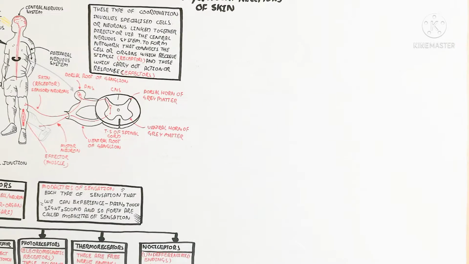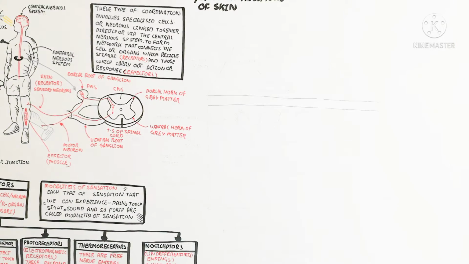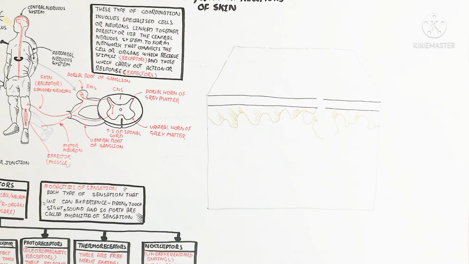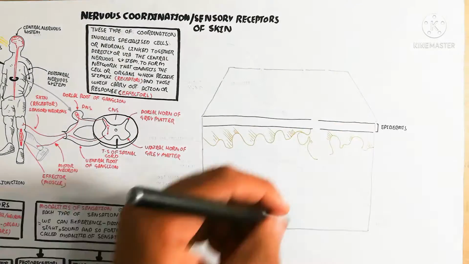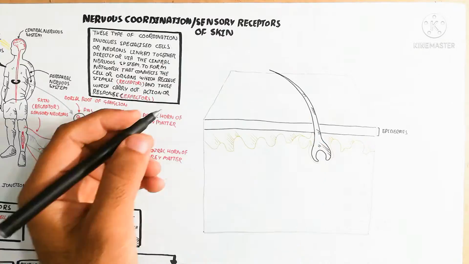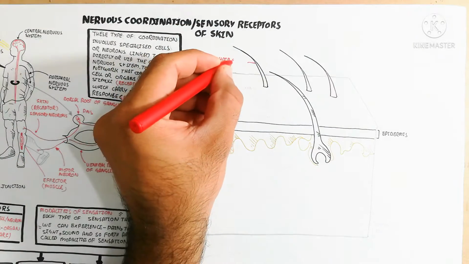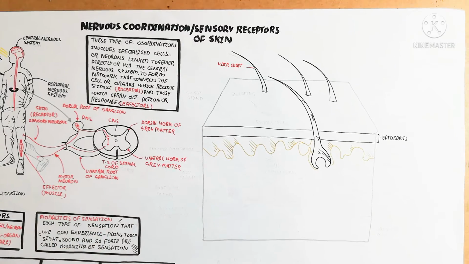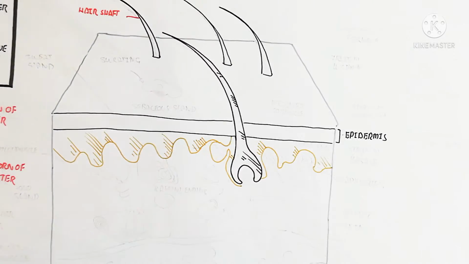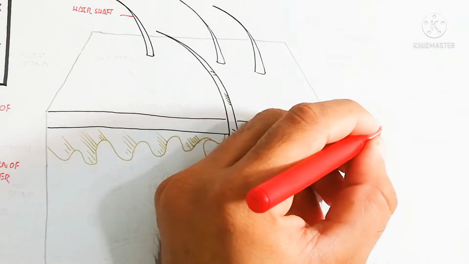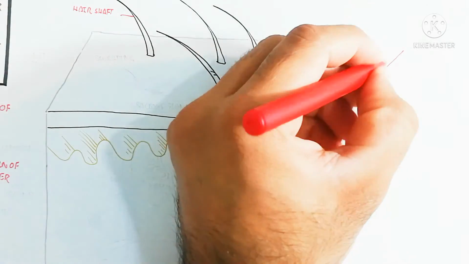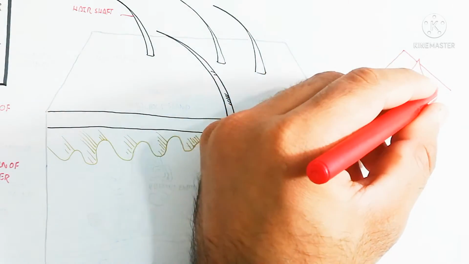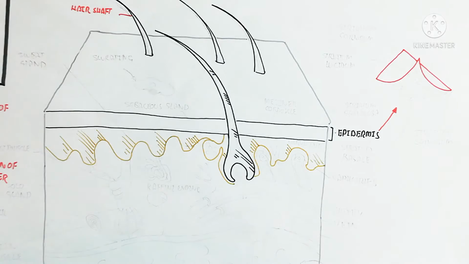So here you can see the cross section of the skin, which contains an upper layer known as the epidermis. Epidermis contains many layers, we will discuss that also. So here is the hair shaft and inside is the hair follicle, which gives the supply of blood, and that means the inner is living while the outer is non-living. It is made up of keratin protein.